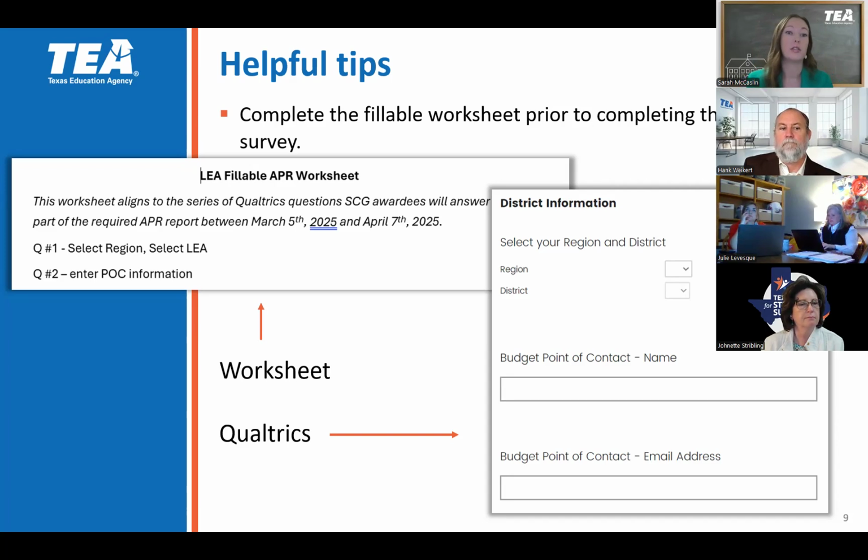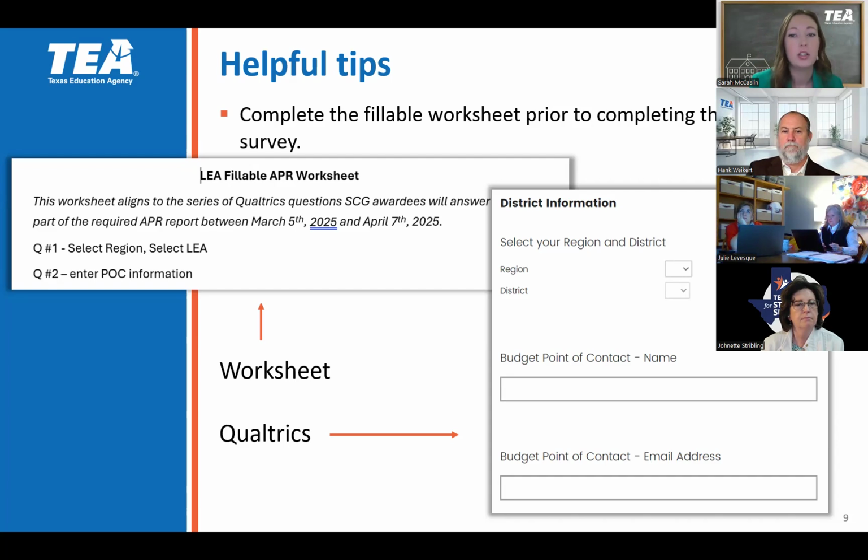In this first section, you'll just be identifying your region and district. You'll put your budget point of contact information as well. If you are the Stronger Connections grant lead and you are the one filling out this APR, that's totally fine.